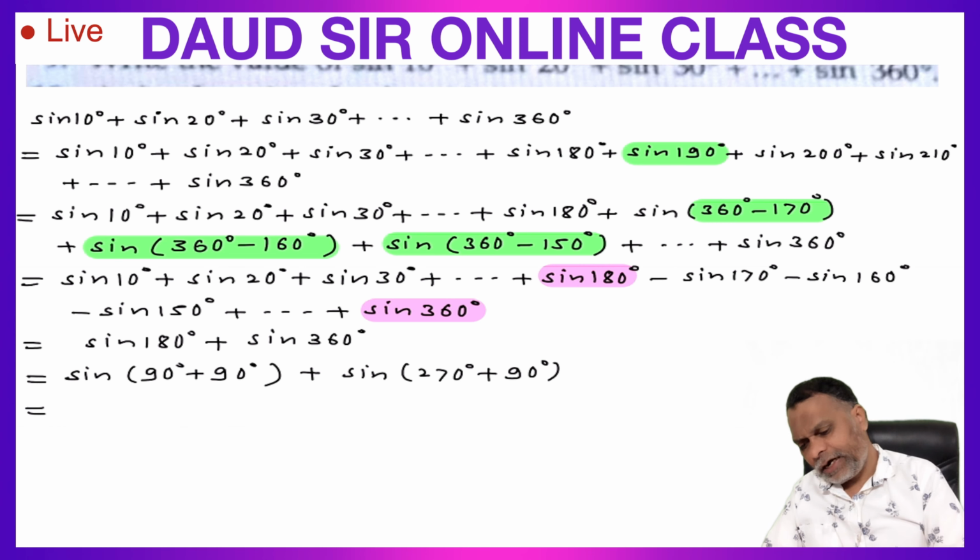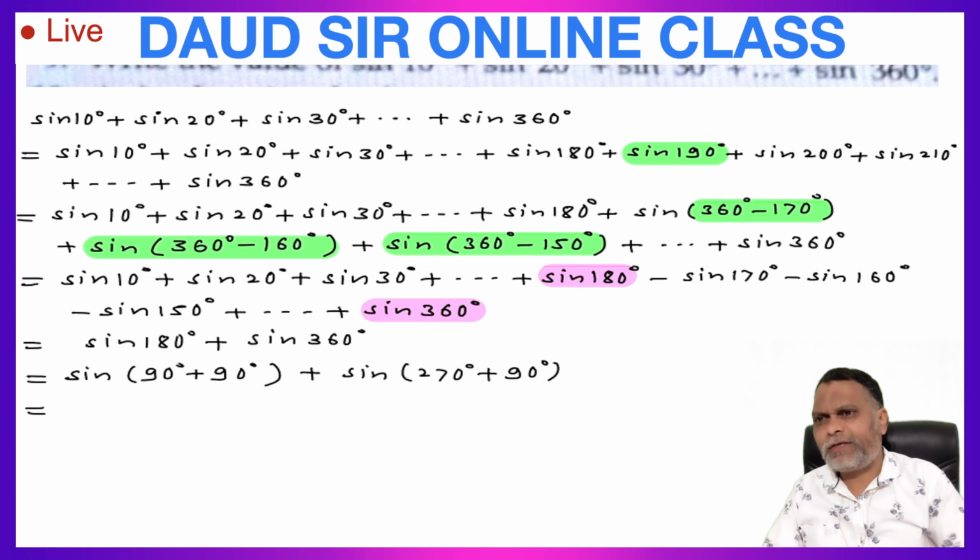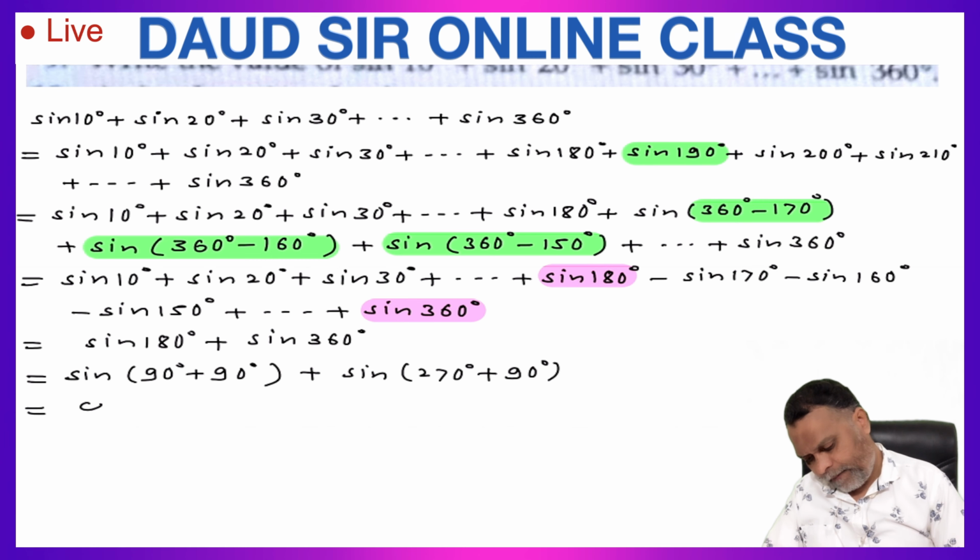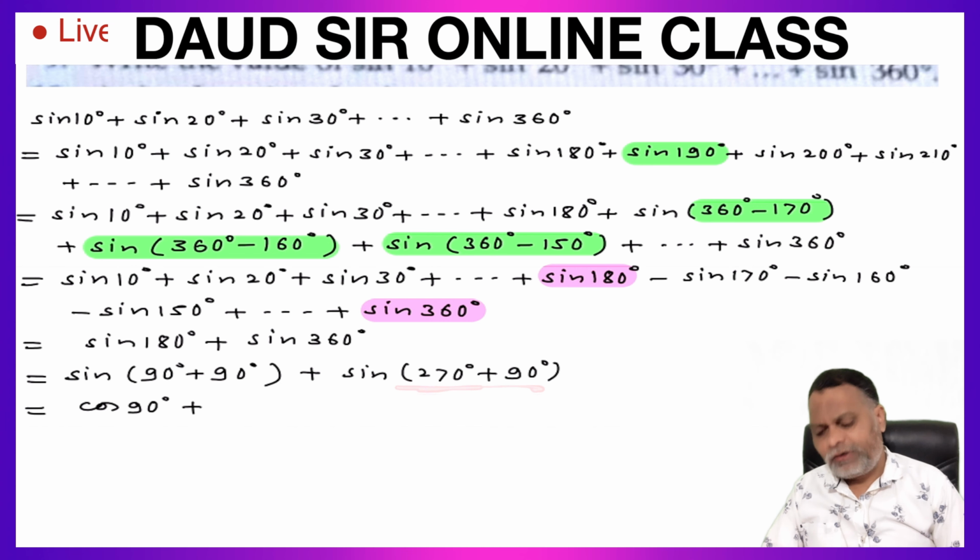Sine 90 plus theta lies in the second quadrant. In the second quadrant sine is positive, so plus sine. In case of 90, change sine to cos, so cos 90 degree. Plus sine 270 plus theta, 270 plus theta lies in the fourth quadrant.